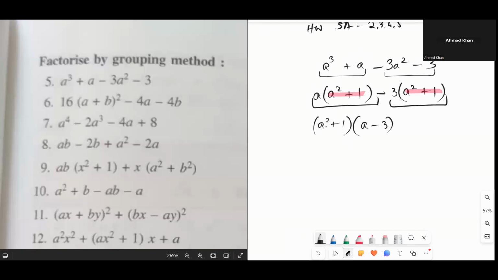Now look at this first term, I mean this A square plus 1. Can we again split that? Because there's a square, can you factorize this? Here you can't. If it was A square minus 1, you could have written it as A square minus 1 square, and then it would be in the form of a square minus b square. And what is a square minus b square?